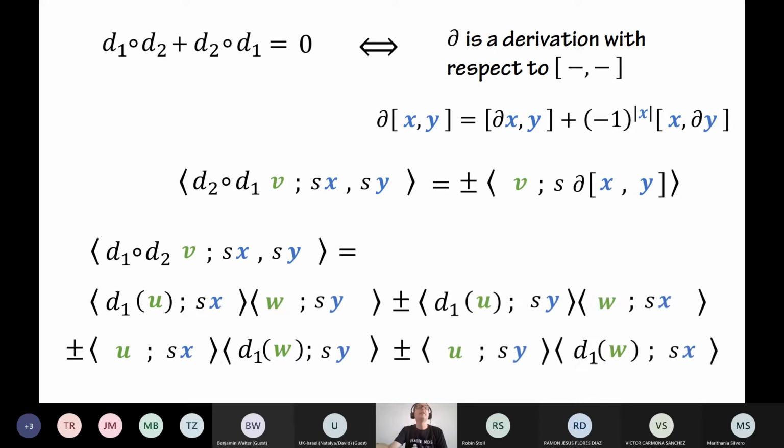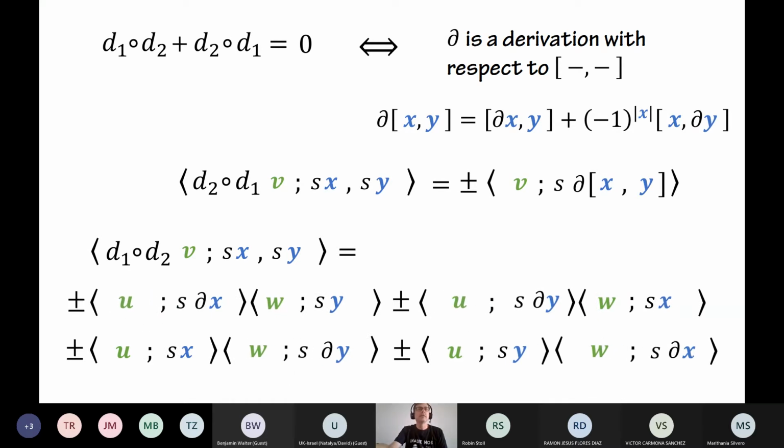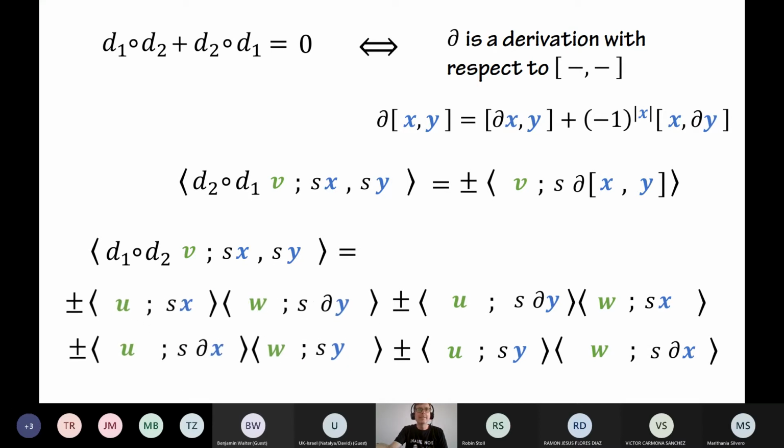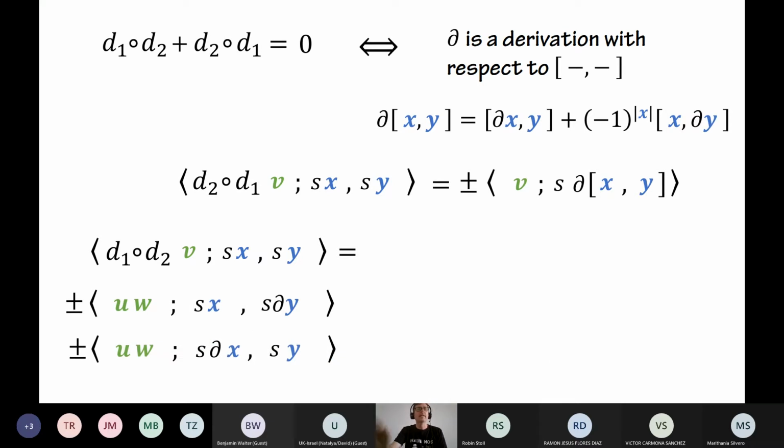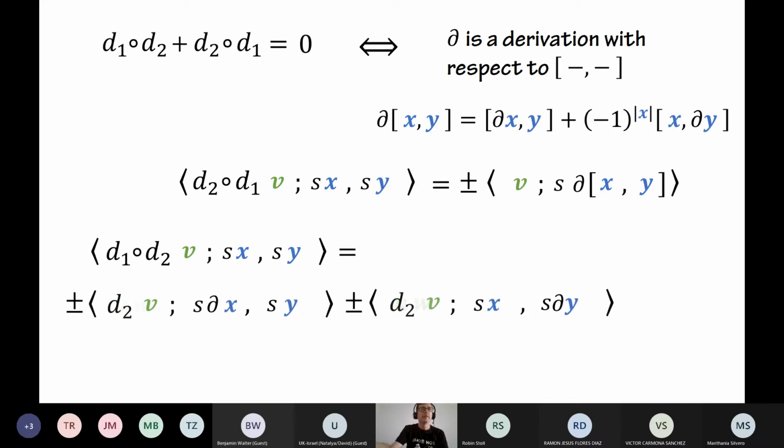Now apply the definition of D1. And now we switch these two elements and see that the first line is just this thing, and this thing is the second line. Recall that the product of U and W is D2 of V, and then apply the definition of D2.